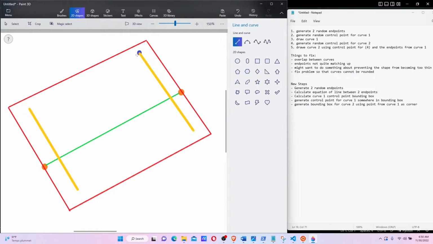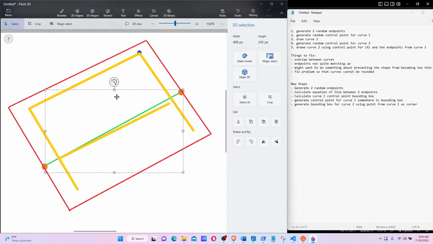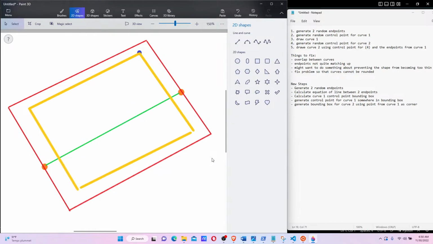Okay, so yeah, I think that should work. Generate the first bounding box, generate point within the first bounding box, then generate second bounding box, generate point within second bounding box. Oh, so I'll add the new point, which say is over here.